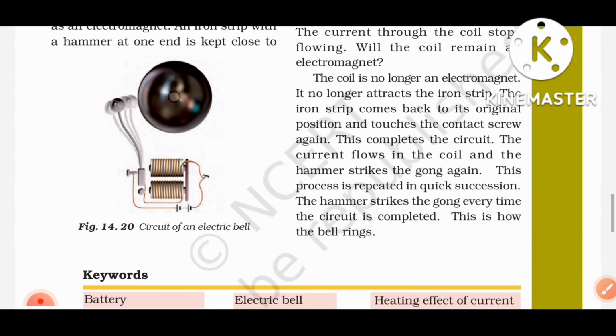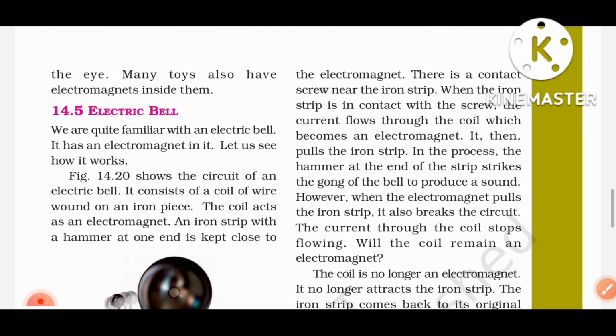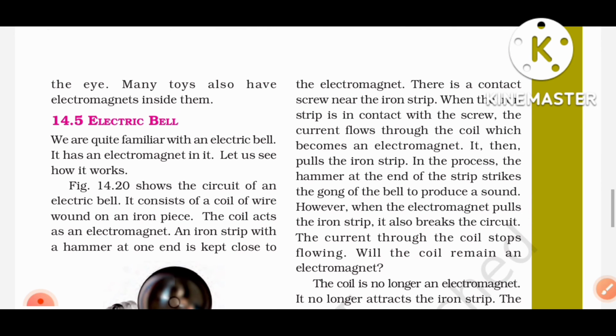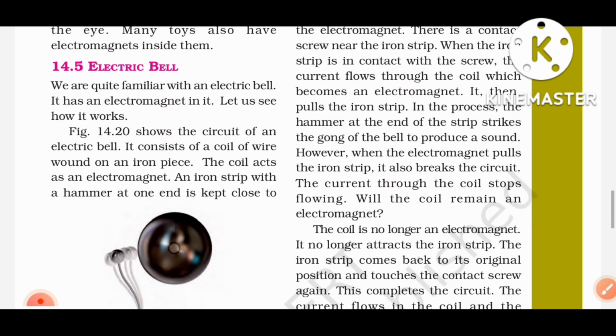Figure 14.20: Circuit of an electric bell. There is a contact screw near the iron strip. When the iron strip is in contact with the screw, the current flows through the coil, which becomes an electromagnet. It then pulls the iron strip.